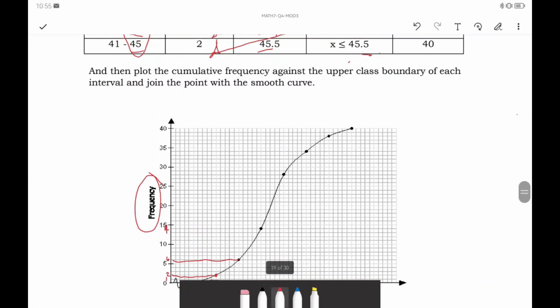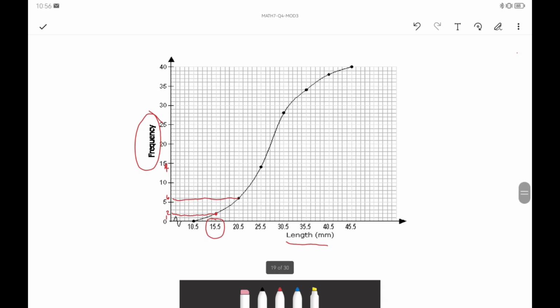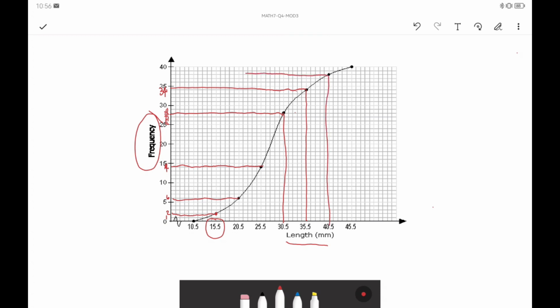So, 14 at 25.5. Then 30.5, this one, is 28. 35.5 is 34. 40.5 is 38.